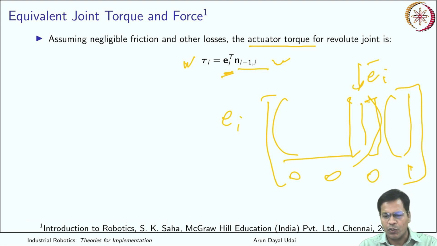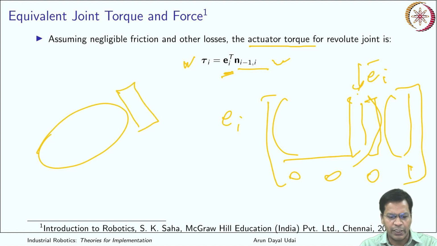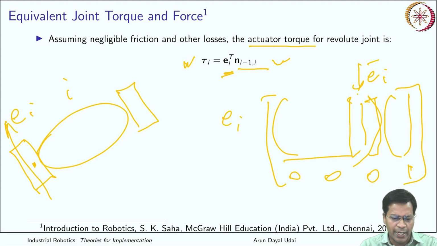So if you know e_i, and it is a link with a joint that comes here, you know the moment coming here, and you already know the e_i vector for the ith link. The moment projected to the axis vector is a dot product.